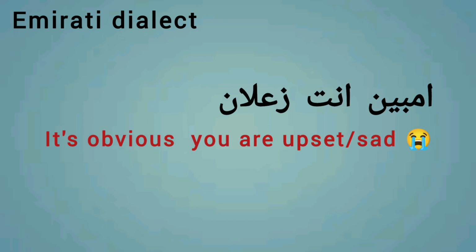Or you just want to say it's obvious you're sad or upset. You can say مبين أنت زعلان. زعلان means upset or sad. It's an adjective. And for female we say مبين أنت زعلانة.